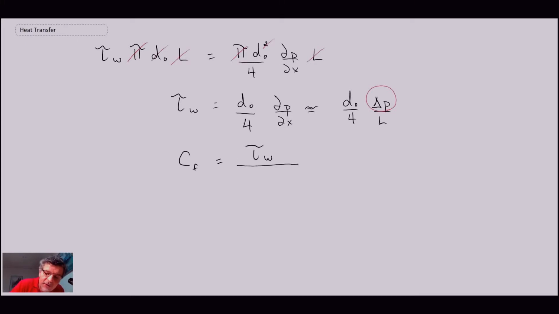So let's take a look at the definition of the skin friction coefficient, CF. That is the wall shear stress divided by the dynamic pressure evaluated using the mean velocity in the pipe.